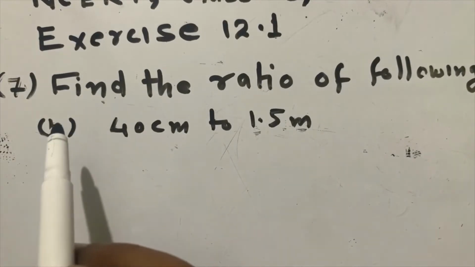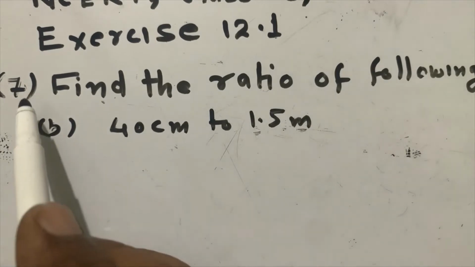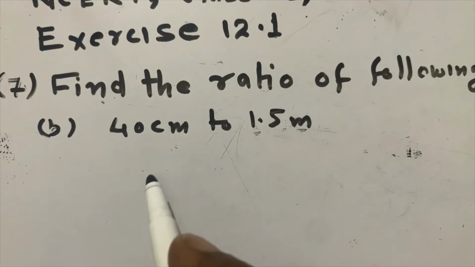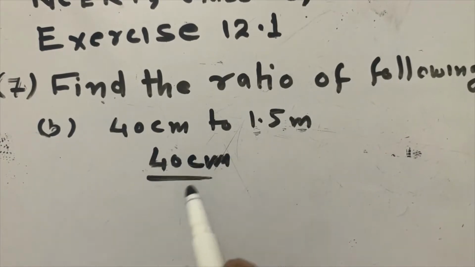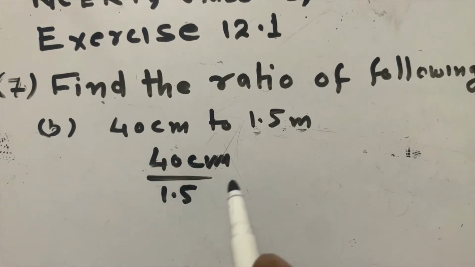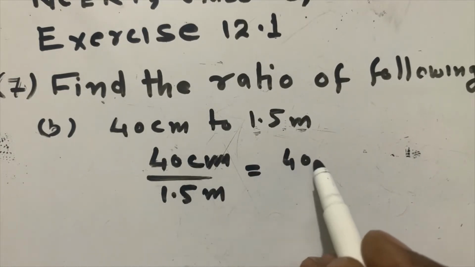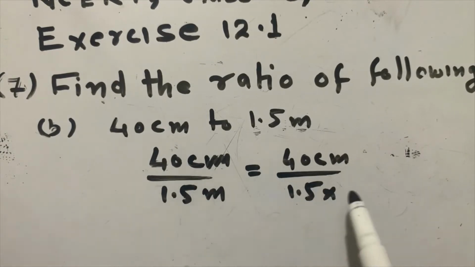Now we are solving question number 7 of 12.1, part B. Ratio of 40 centimeter to 1.5 meter. Now this meter should be converted into centimeter. So 40 centimeter and 1.5 meter.